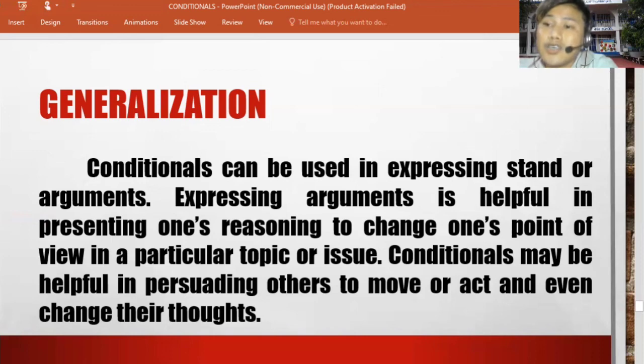Definitely, you will die. That's how you express your point, knowing that you are an advocate of a no smoking campaign, and so on and so forth. Apart from that, expressing your arguments is helpful in presenting one's reasoning to change one's point of view on a particular topic or issue.